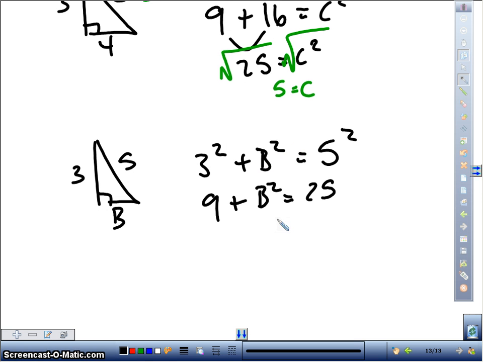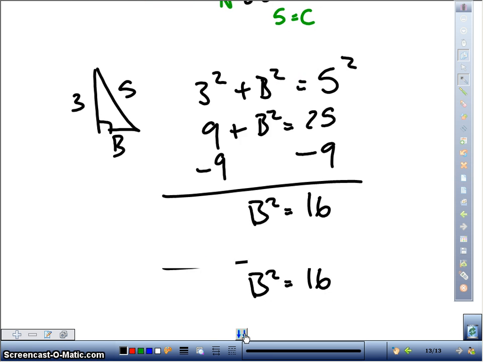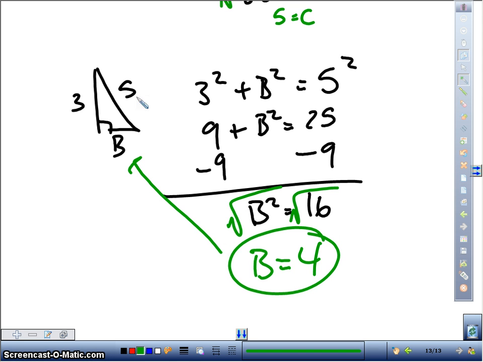And then we need to get b by itself. To do that, I need to get rid of the 9. So I subtract. B squared equals 16. And I don't want b squared, I want b. So I take the square root and the square root. B equals 4. So in this one, where we have c, we're going to have to end up subtracting in order to make that work.